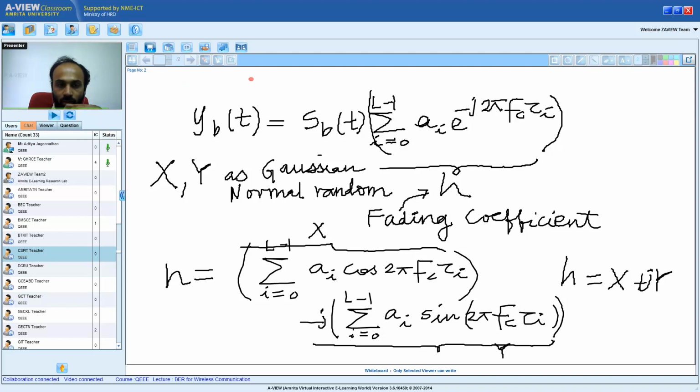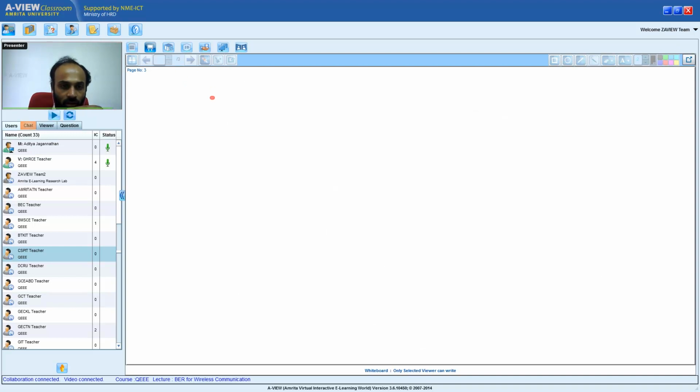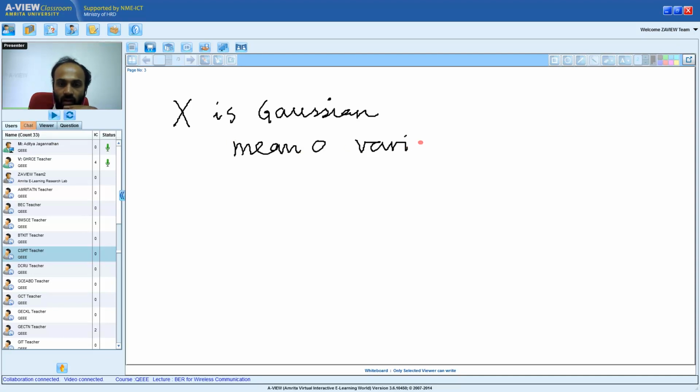Everyone can see what I am writing? Yes, sir. So if x is a Gaussian random variable with mean mu and variance sigma square, what is the distribution of x?